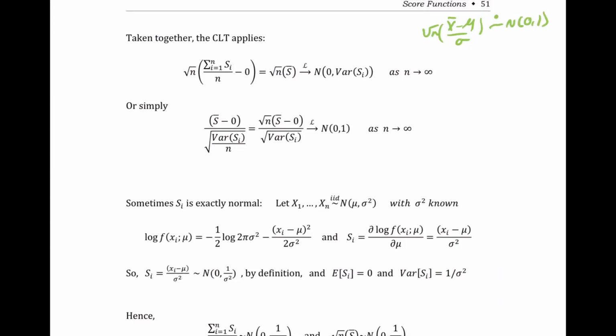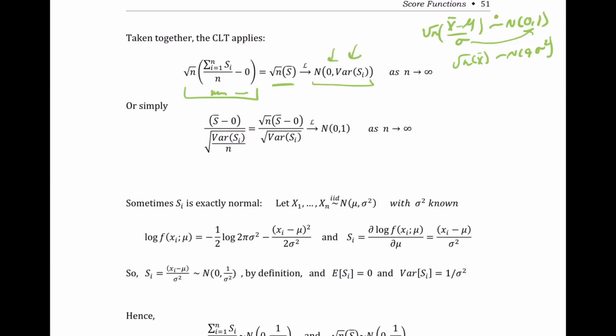Well, if mu is 0, then root n x bar is approximately normal 0 sigma squared, because I just brought that guy over here. And that's what I get here. So I get this thing, which is S bar minus 0 times root n, goes to be normal 0 with whatever the variance is. Just leaving it as the variance. I don't know what it is. I could give it a symbol, but I'm not so up for symbols at the moment.